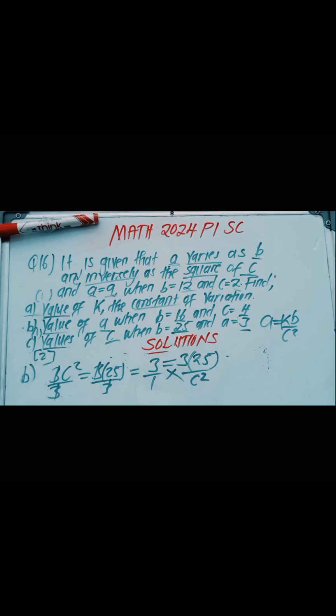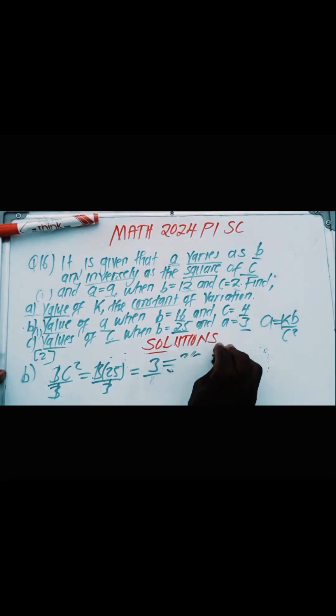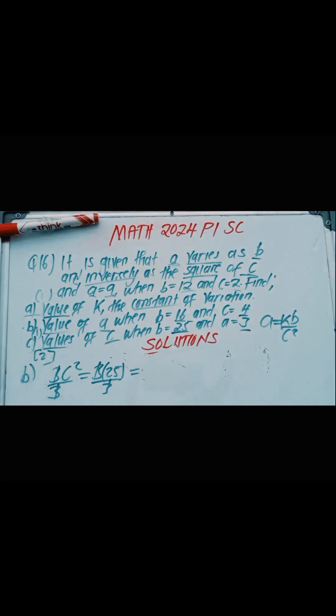Okay, I hope you are able to see what I'm trying to do. So now, having done that, what we are going to remain with is C squared, which is equal to, since this 3 has been cancelled with this one, we are going to divide both sides by 3, and then we cancel these 3, and then what we are going to remain with is 25.